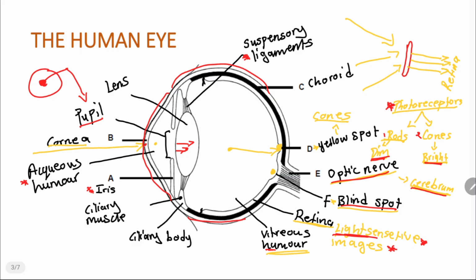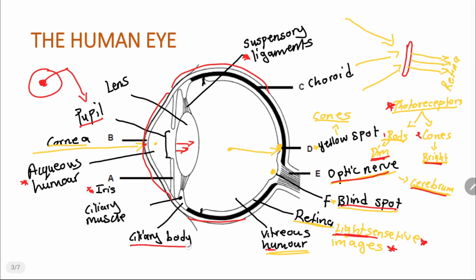So these suspensory ligaments, during accommodation, they will either become taut or they will become slack. And that is a topic we'll cover on another day. But their function for right now, it is simply to hold the lens in position, right?